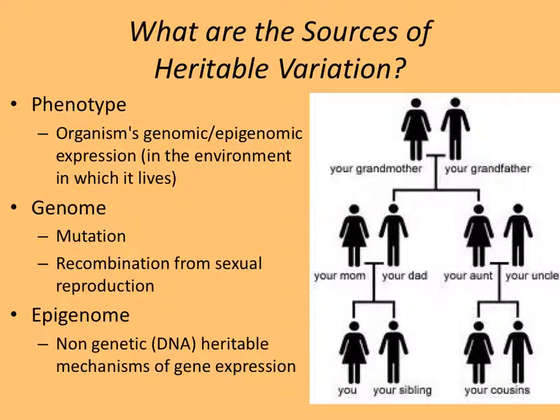Back in the old days, it was thought, we all know codons code for amino acids, which code for proteins, and it was thought that genes are either on or off. The idea that genes are often regulated and expressed differently in different environments, there was no real mechanism for it.